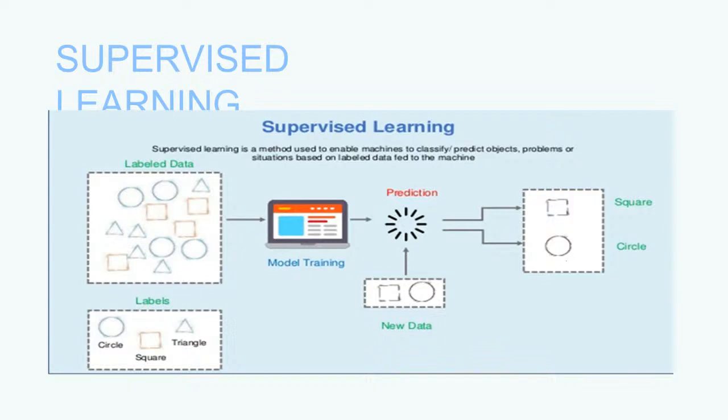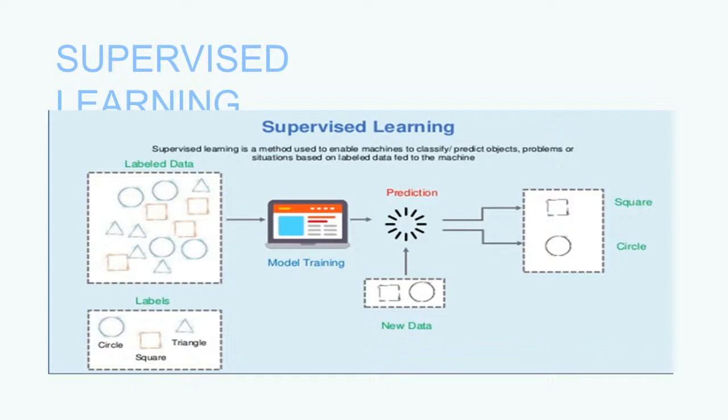Some real-time applications of supervised learning are optical character recognition, face recognition, speech recognition, medical diagnosis, knowledge extraction, and comparisons. If you want to compare anything, that is a comparison, classification will come.